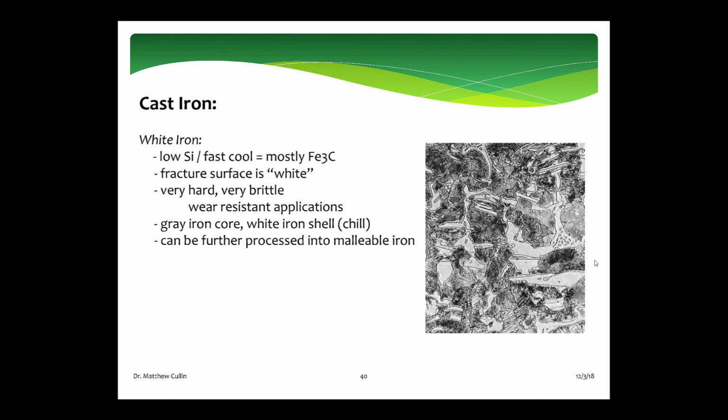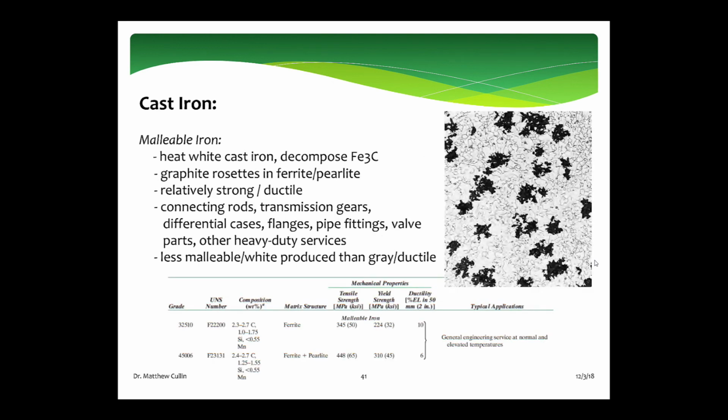It tends to be really hard, and it stands up to rubbing and friction between different parts. But malleable iron is for when we care about mechanical strength and ductility. For applications where we care about ductility, we're going to choose malleable iron.